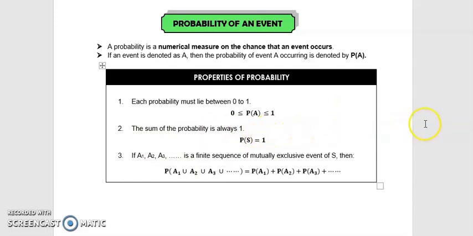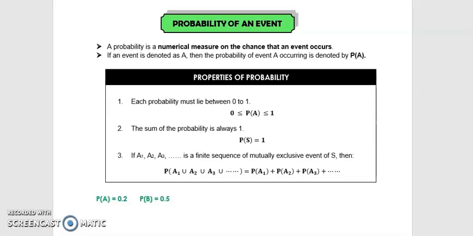Then the sum of the probabilities is always equal to 1. For example, let's say probability of A equal to 0.2, then probability of B equal to 0.5. Then I ask you to find probability of C. How to find probability of C?